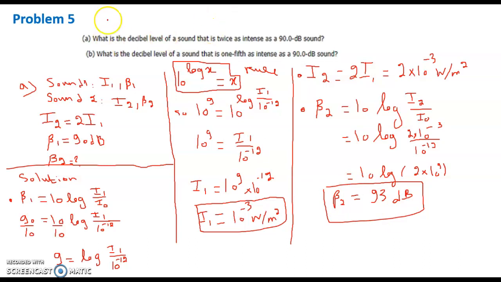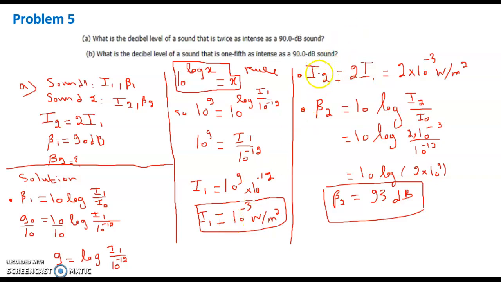Now you can do part B the same way, but instead of I2 equal to 2 I1, you're given that I2 is 1/5 of I1, so it's I1 over 5. And one more note here, there is no need to do the first step again because we're still dealing with the same 90 decibel sound, so I1 is already calculated.